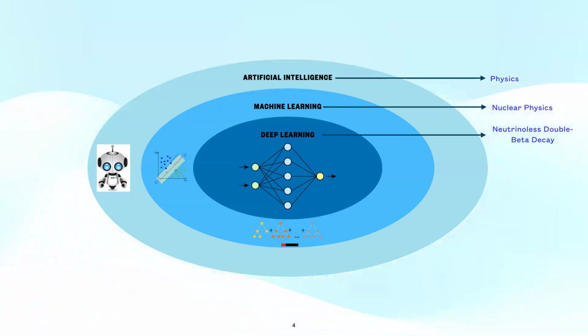The relationship among artificial intelligence, machine learning, and deep learning is like the relationship of physics, which is a very broad field that contains a lot of different directions, and nuclear physics, which is like machine learning, one subdivision within it. And for example, if I'm working on the search for neutrinoless double beta decay, that's like deep learning, a subdivision within machine learning. So that is the relationship among those different terms.